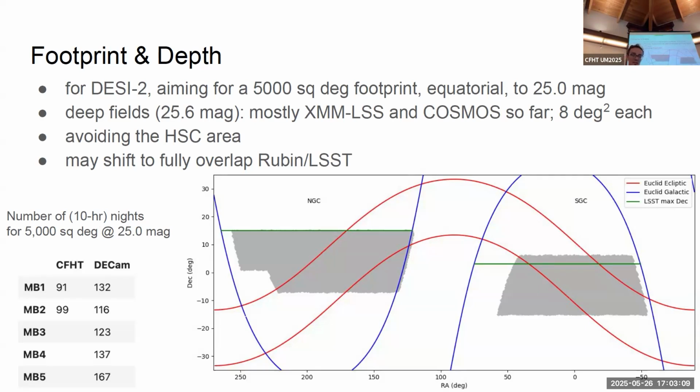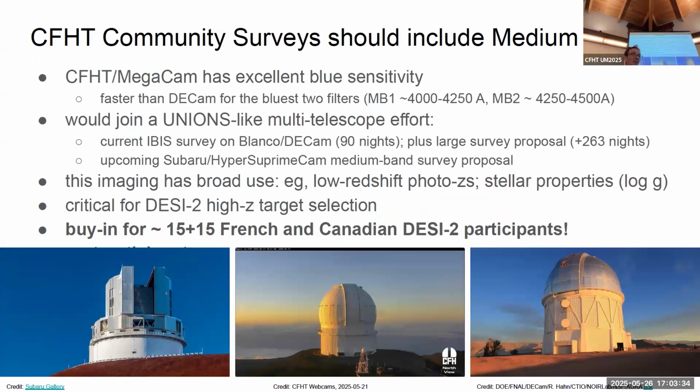Notice that CFHT is notably faster than Dark Energy Camera for this work in the blue, just because of the superb blue efficiency and sensitivity of CFHT. It's doing something that LSST is not doing. This is a different kind of imaging that is opening up different space and different science. So it's not just adding a northern component to LSST. And I'm envisioning this as a bit of a UNIONS-like multi-telescope effort where we're using the strengths of CFHT, Dark Energy Camera, and Hyper Suprime-Cam together.